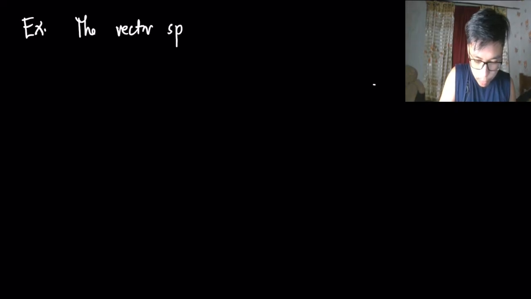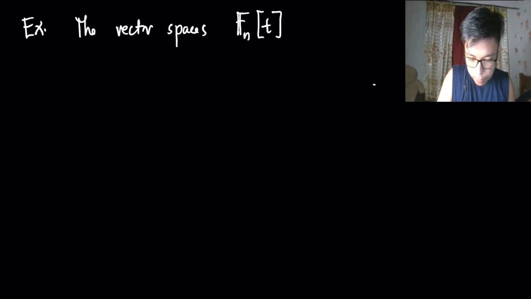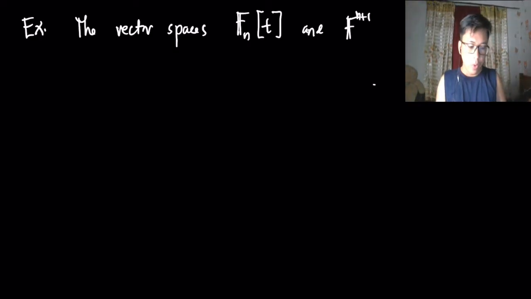Okay, so let's consider an example. In this case, the vector spaces. Let's consider this one here. So these two vector spaces are isomorphic.